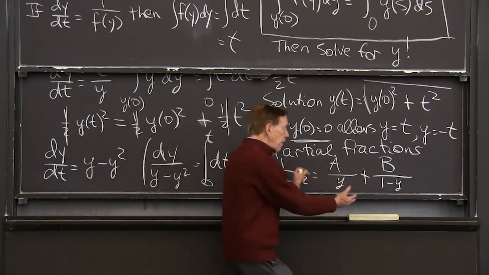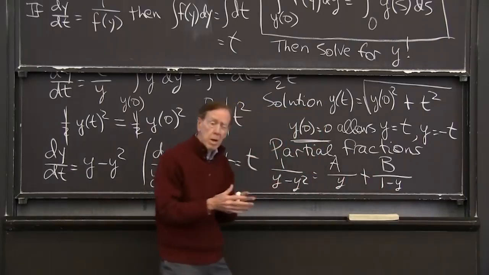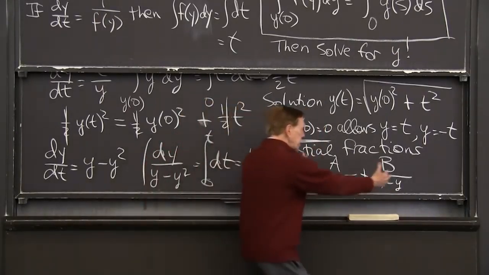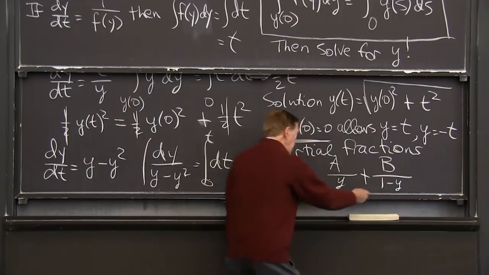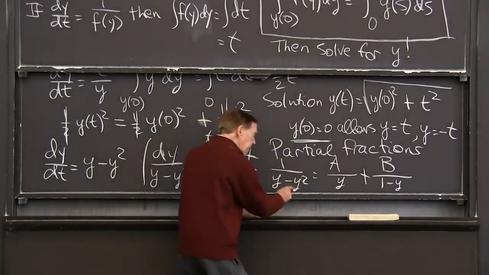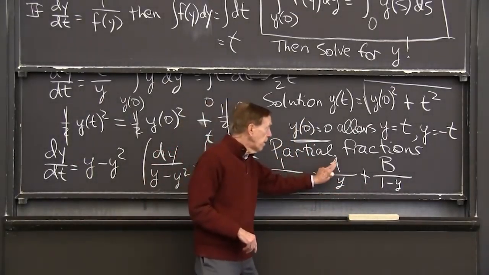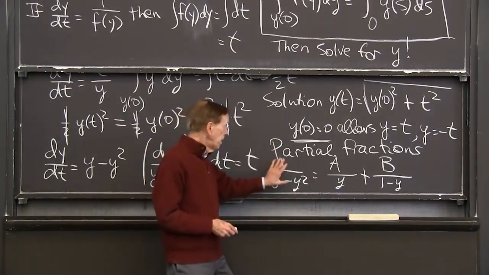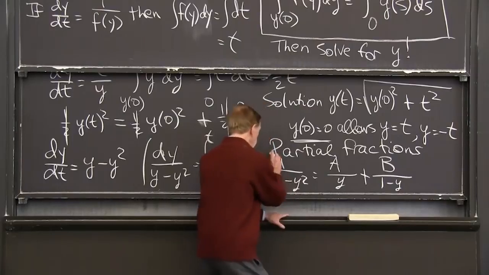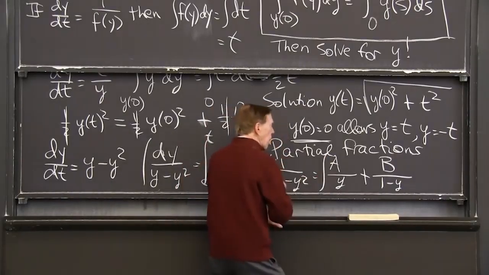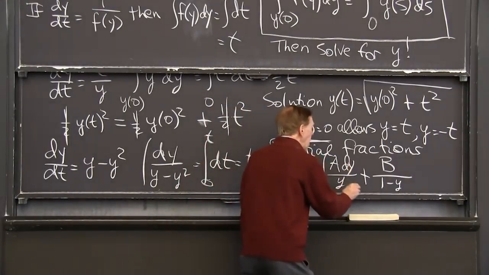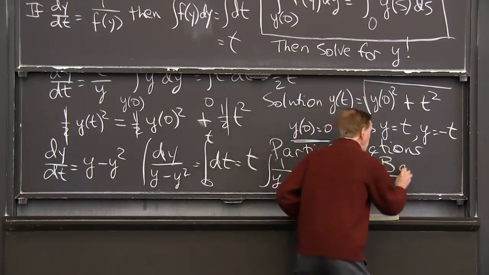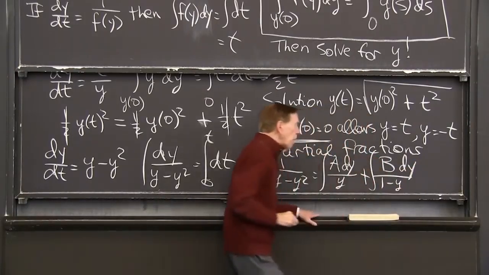So I factored the y minus y squared into these two terms. You see that if I come to a common denominator, if I put these two fractions together, then the denominator is going to be that. And the numerator, if I choose a and b correctly, will be 1. So integrating this, I can separately integrate a over y dy and b dy over 1 minus y.